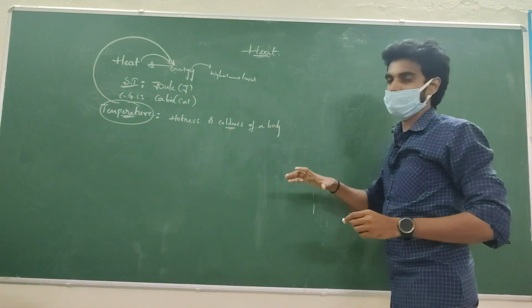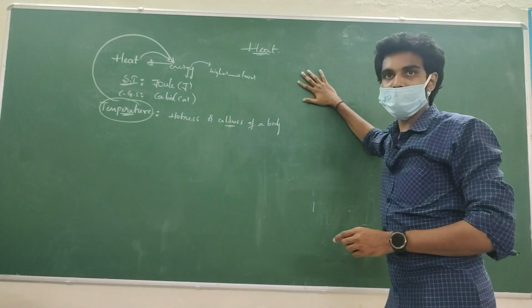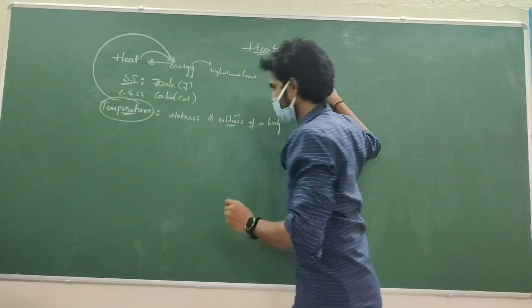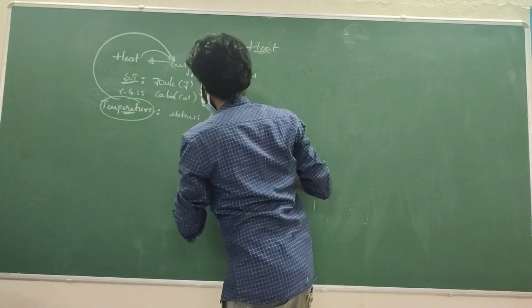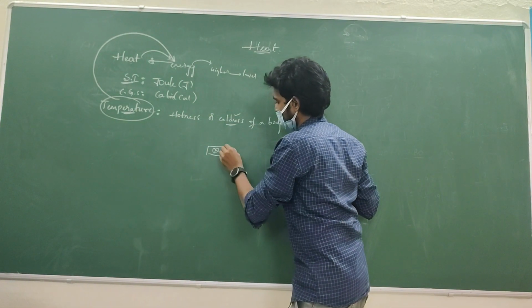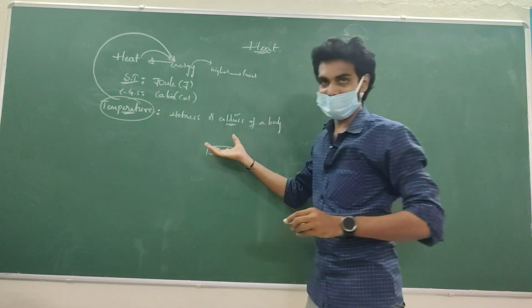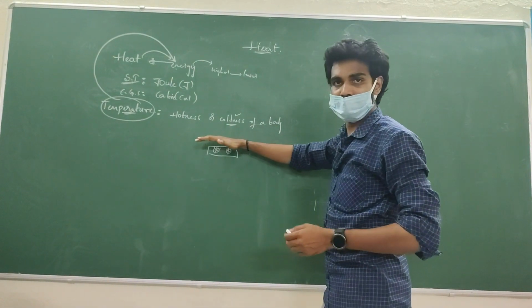For suppose I just place my hand on the board, I tend to feel a little bit colder, right? So I simply say it is colder. For suppose I put my hand over a gas stove. Let's consider a gas stove here. Suppose the gas stove is still burning. Now I place my hand near the burning gas.